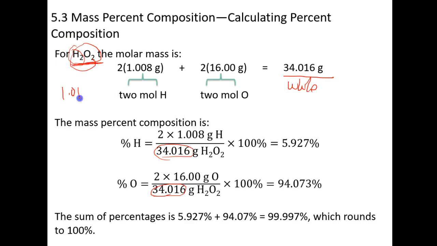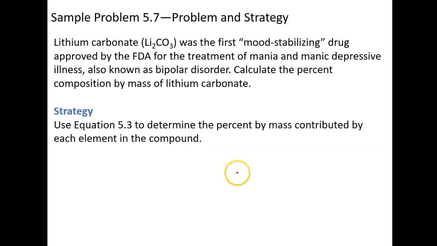So it's 1.01 plus 1.01, you get 2.02. They actually go further out in their sig figs. It doesn't really matter what number you use. Okay, but there's two of them, so it's 2 times that divided by this to get 5.9, and then they take 16 times 2, that's 32 divided by 34, you get about 94%. Okay, so that's exactly what we just did.